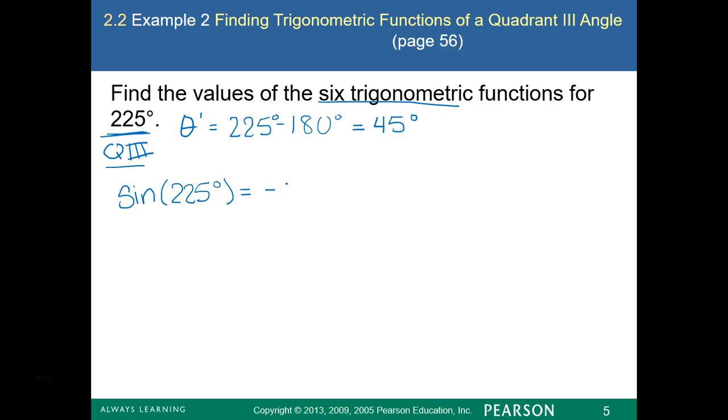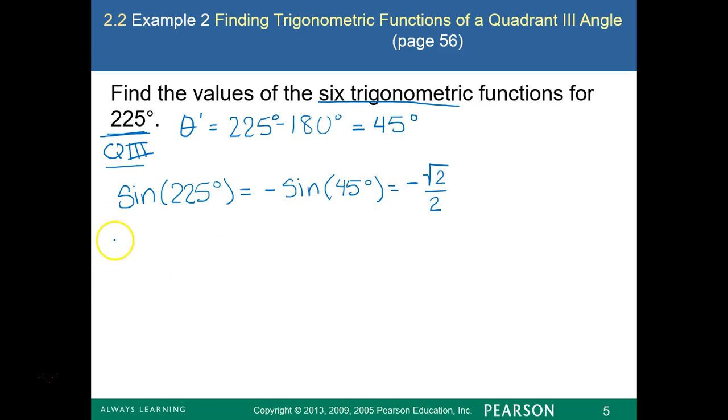So sine of 225 degrees is the same as finding the negative sine of 45 degrees. Sine of 45 degrees is square root of 2 over 2. So your answer to sine of 225 degrees is negative square root of 2 over 2, because we don't want to forget this negative sign. And that's how you do all 6 of these.